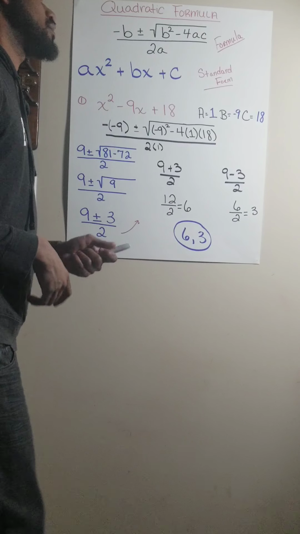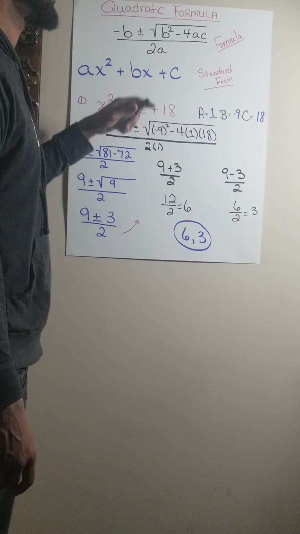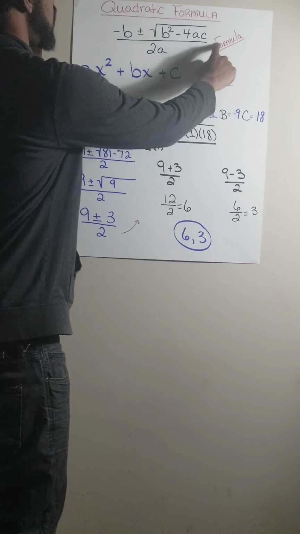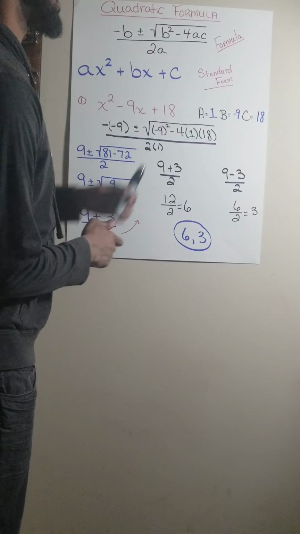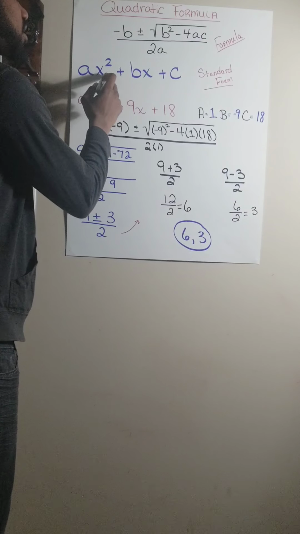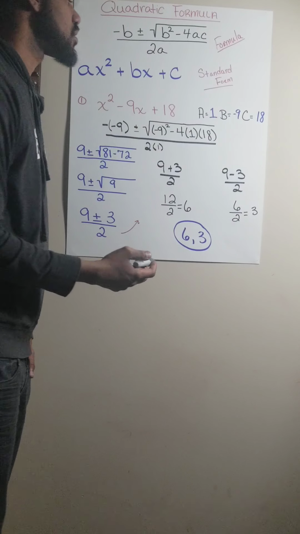So again, our formula is negative b plus or minus the square root of b squared minus 4ac, all divided by 2a. Okay? That's our formula. Standard form: ax squared plus bx plus c.